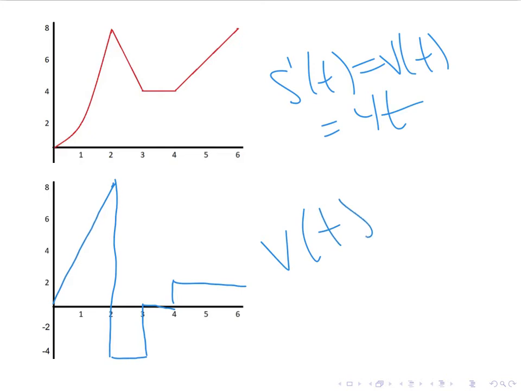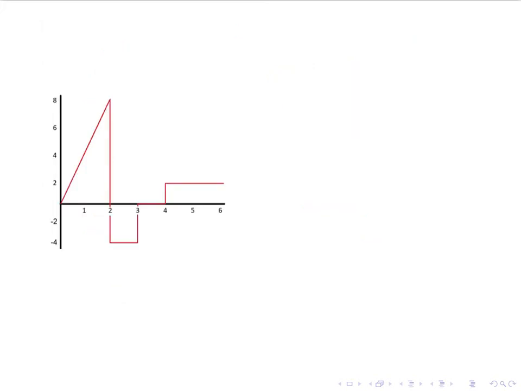Then the next step, part B, is to find the acceleration. So we're going to need this velocity graph in order to do the acceleration. So remember, the acceleration is the derivative of velocity. So here's our velocity function again. And if I want to find its acceleration, again, all I have are straight lines. So the acceleration is the derivative, which is the slope.